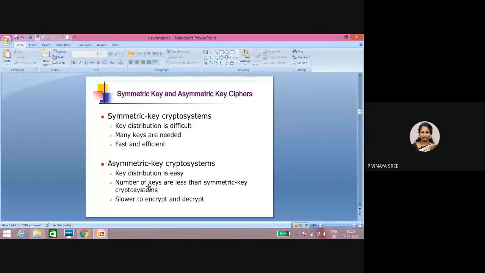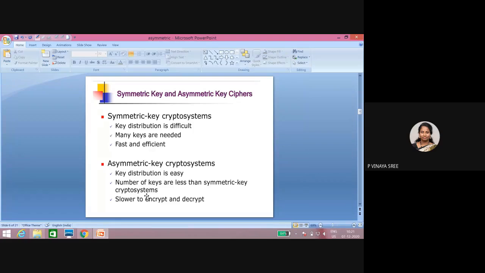And asymmetric is slow. Why is it slow? As there are two keys involved. But key distribution is easy, because there is no need of sharing anything. We just publicly broadcast our public key, which can be used by other persons for encryption. The number of keys is also less than in symmetric key cryptography. Why?